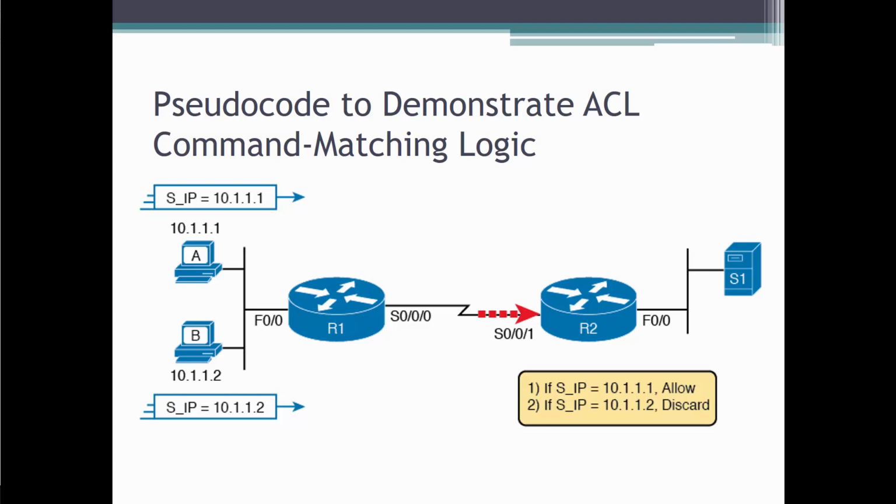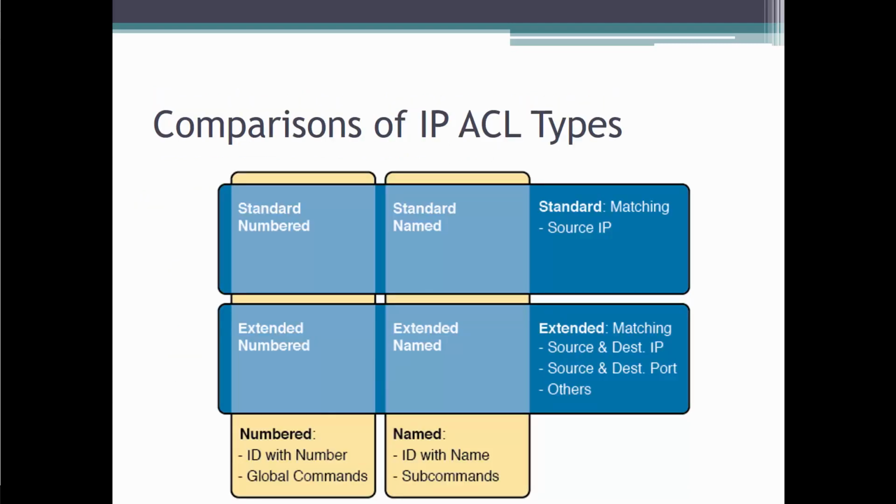Pseudocode to demonstrate an ACL could essentially be: source IP address, allow or deny. Now a comparison of ACL types, starting with standard numbered. Standard can have names, but it normally does its matching based off the source IP, and its numbers are going to be 99 or lower, where extended numbers range in the 100s.